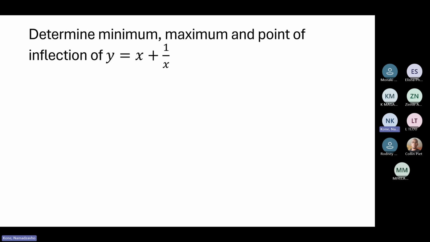Then there is a point of inflection. Now, a point of inflection is a point where the graph changes its concavity. So when a graph is U-shaped, at the part where the graph is U-shaped, the graph is making what we call a concave up, because the curve is caving upwards.